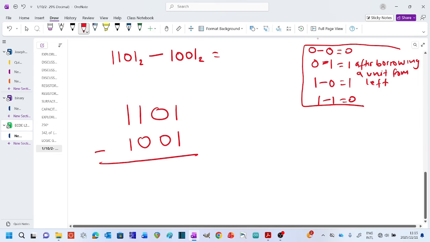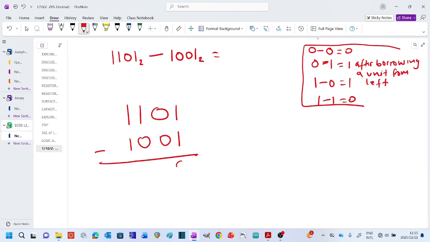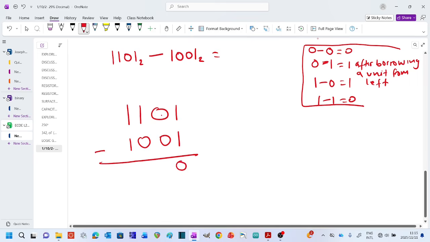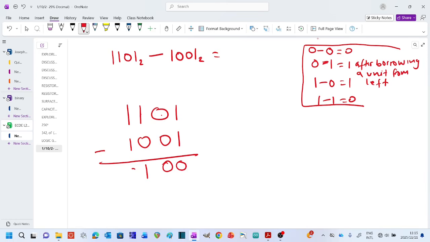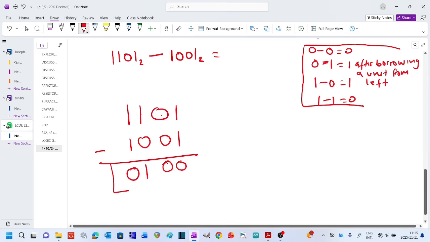Minus is there, so we follow the rule. 1 minus 1 is 0. 0 minus 0 is 0. 1 minus 0 is 1. 1 minus 1 is 0. So our final answer is this. We didn't have to stress about borrowing a unit. Good. So next question.